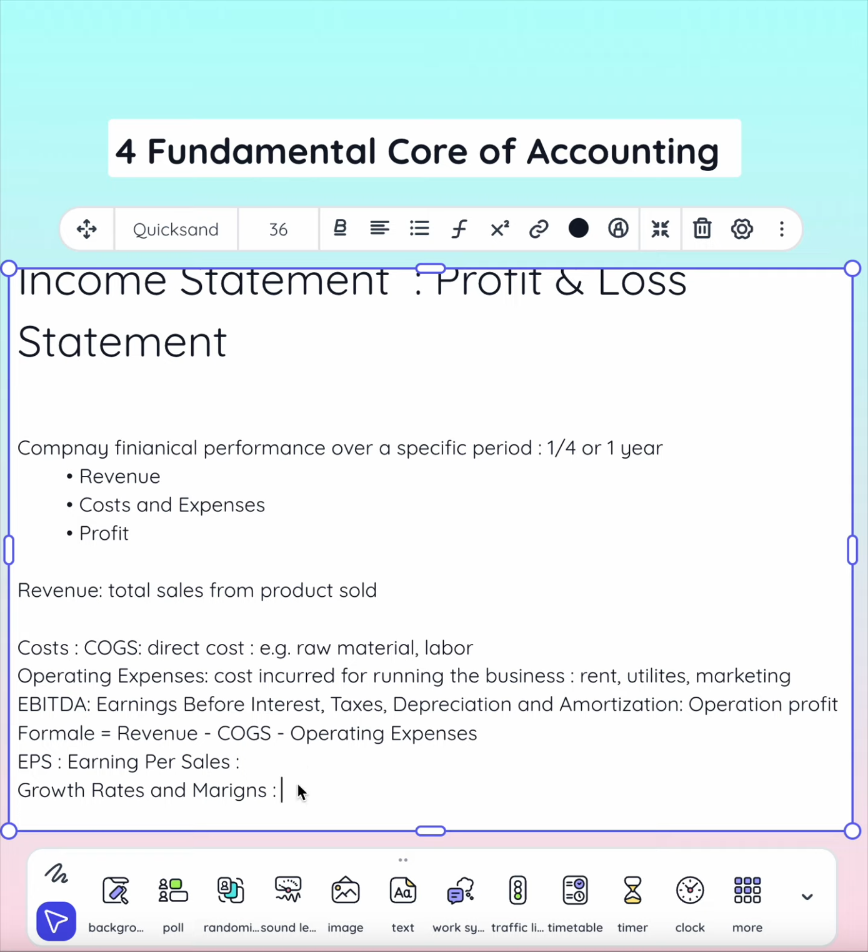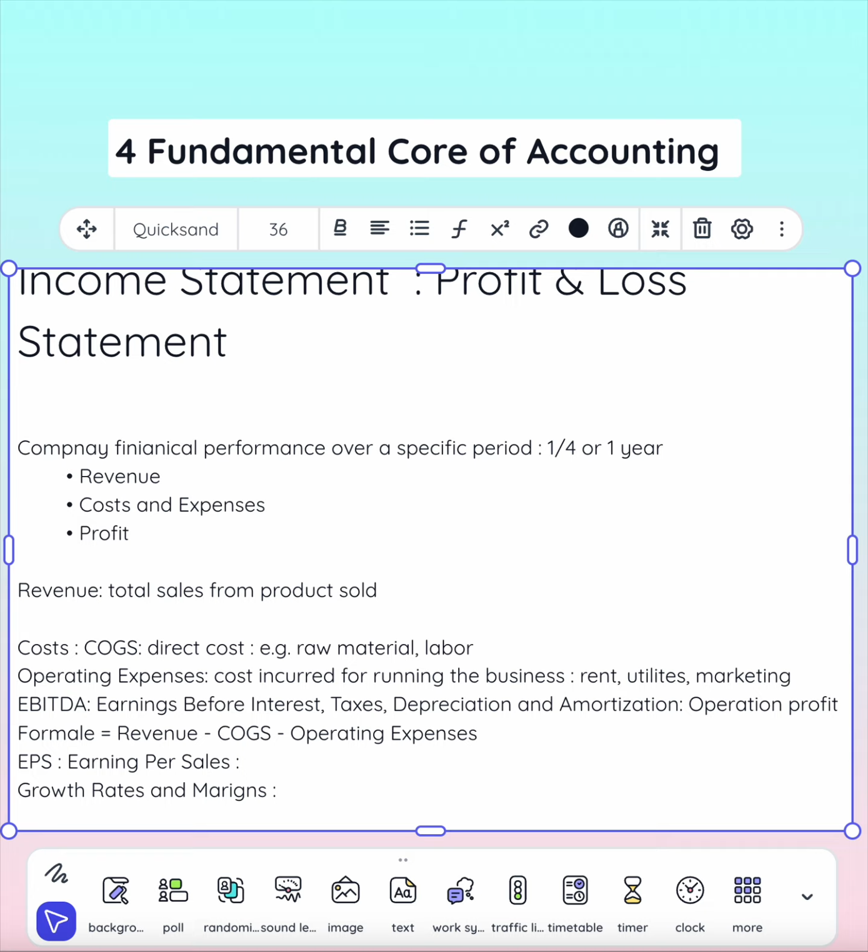Let's talk about the growth rate. The revenue growth rate is the percentage change in revenue from one period to the next. A growth rate measures the percentage change in a specific metric over a period of time.